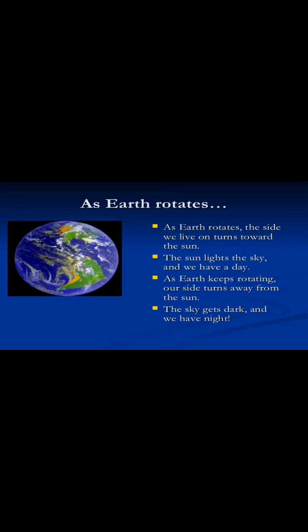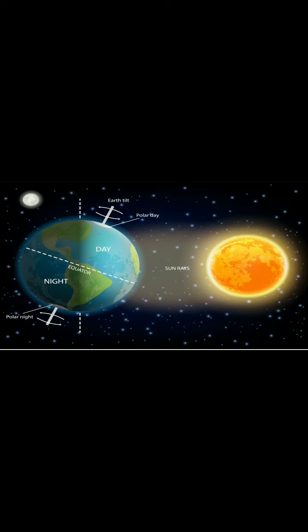As the earth rotates, the side we live on turns towards the sun. Slowly and gradually, as it comes in front of the sun, we have a day. And when the earth keeps rotating and turns away from the sun, it becomes dark and we have night. So half of the earth is having night and half of the earth is having day, right?